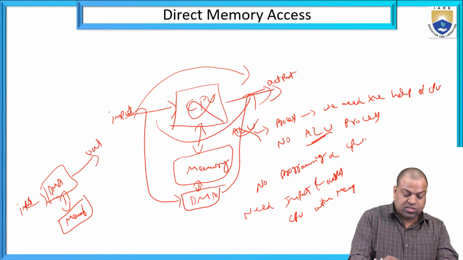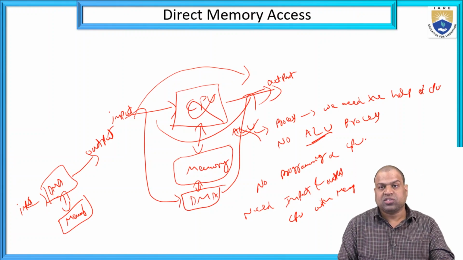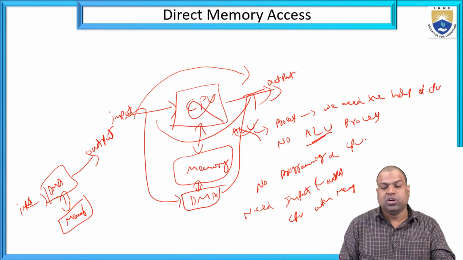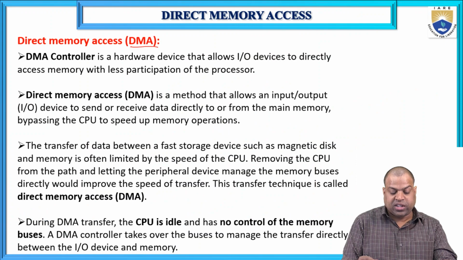Direct memory access works without the need of any CPU. So that is the reason there is less burden on the CPU, the lifetime of the CPU will be increased, and time will be saved in this process. That is the reason we are connecting DMA with memory without the help of the CPU.